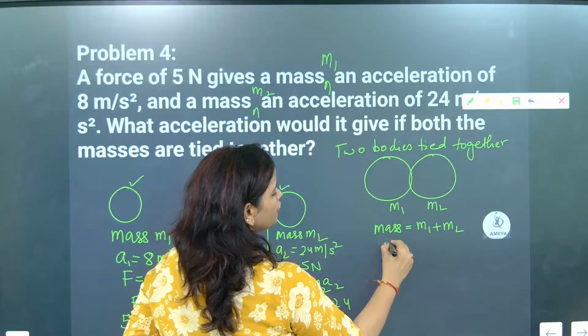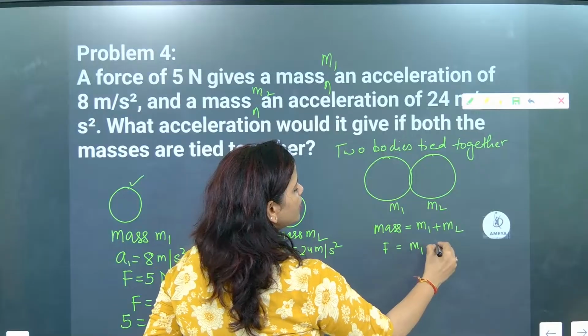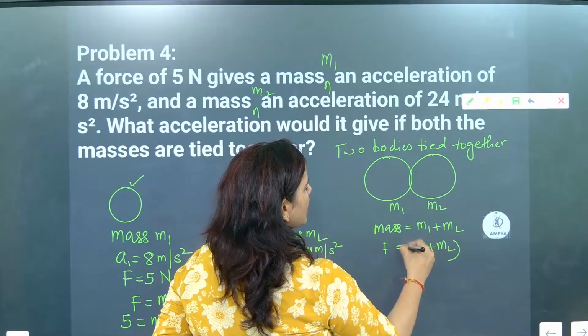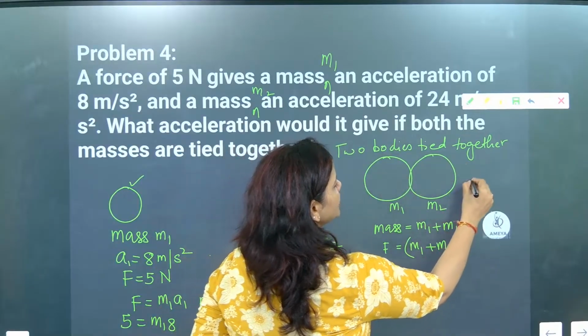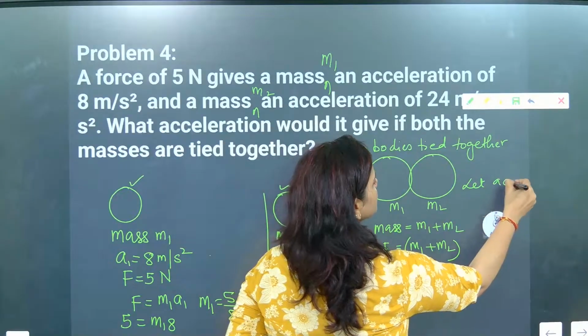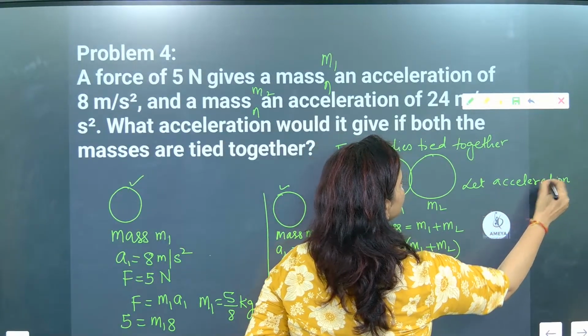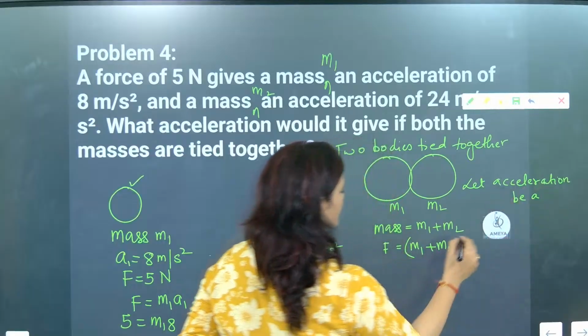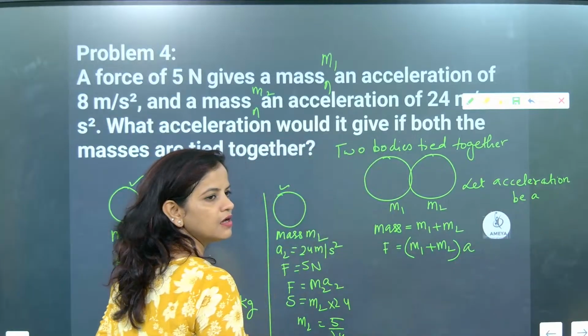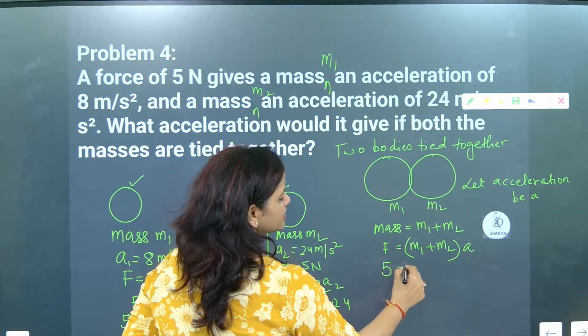Now what is force? Force is equal to m1 plus m2 into acceleration, and we don't know the acceleration, so let acceleration be A.